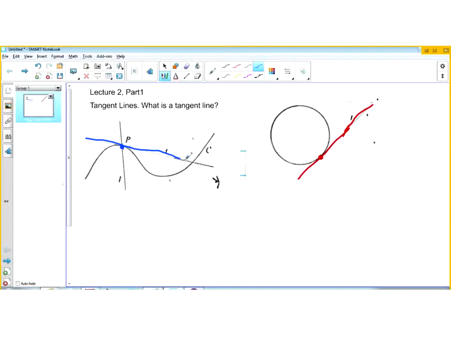Now note that this tangent line, the blue tangent line, intersects the function at 2 points, at least 2 points.